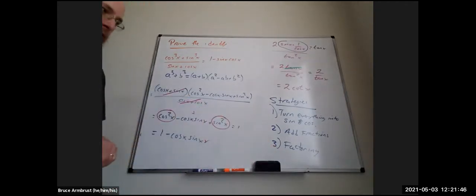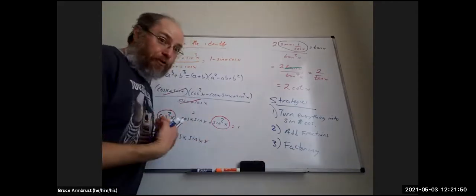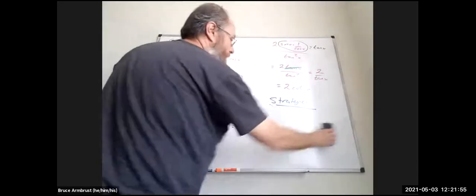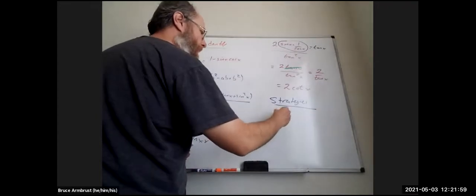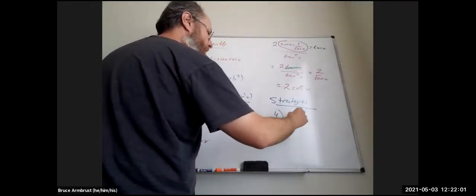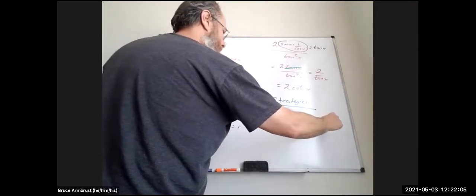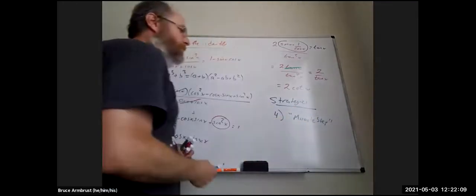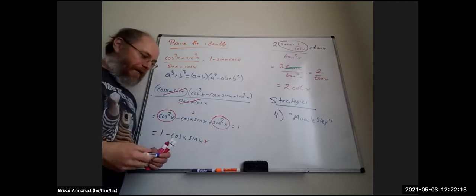Now, the next strategy I want to show you, this is a Bruce name for it, by the way. So this is going to be strategy number 4. But I call this miracle step. You'll understand why I call it a miracle step in a second.